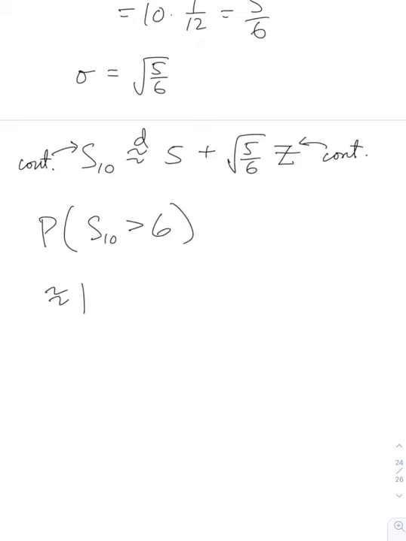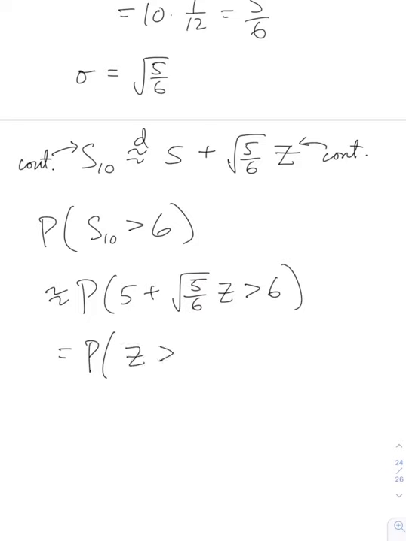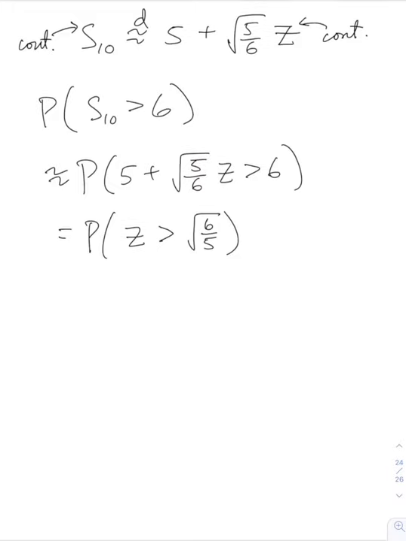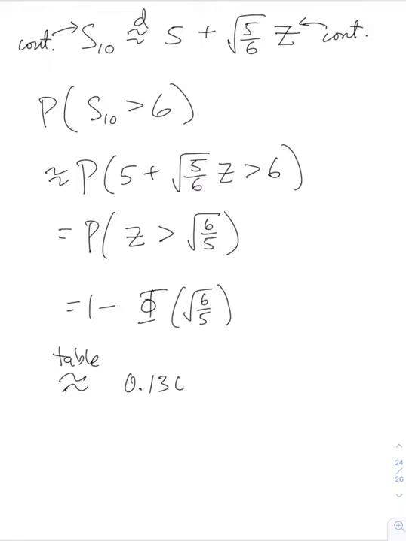So we can just say this is approximately the probability that 5 plus root 5/6 times z is greater than 6. So that's the probability that z is greater than 1 divided by root 5/6, so root 6/5. So that's 1 minus phi of root 6/5, and you get out a little table and figure out what that is. And you get 0.1367.